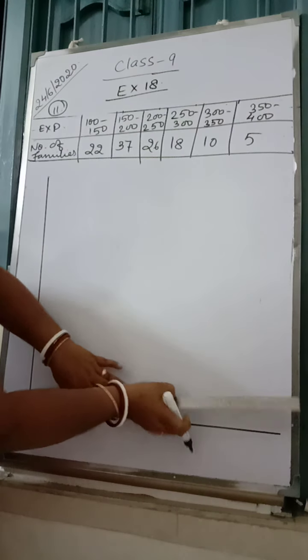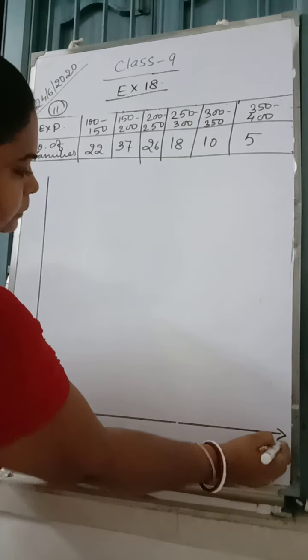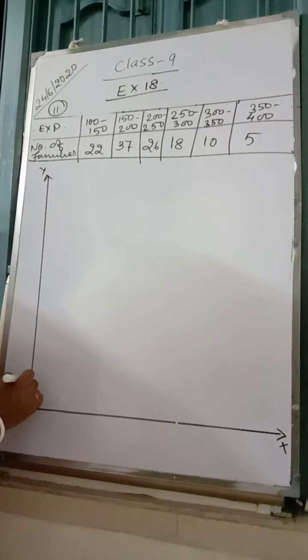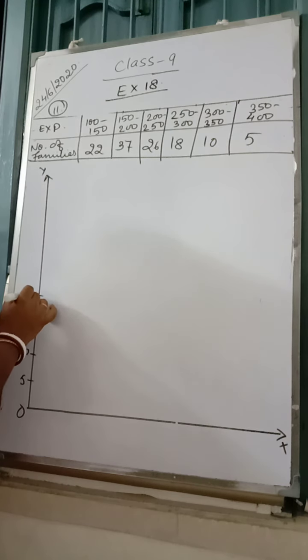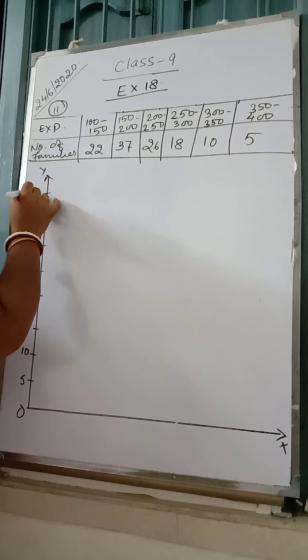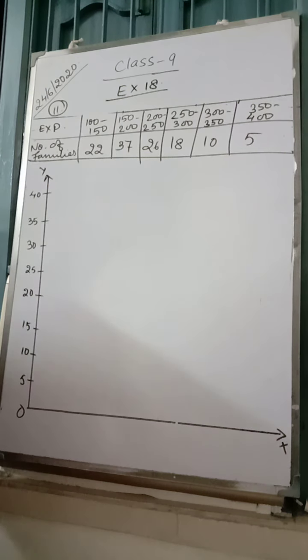This is the x-axis. This is 0. Again 5, 10, 15, 20, 25, 30, 35 and 40 here.